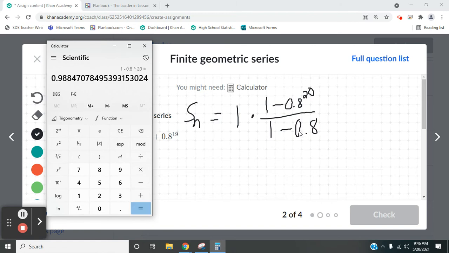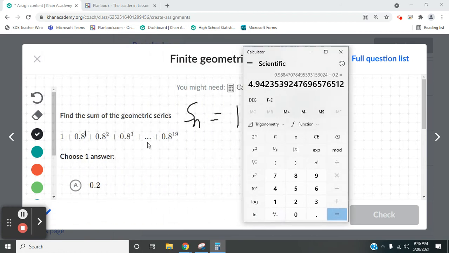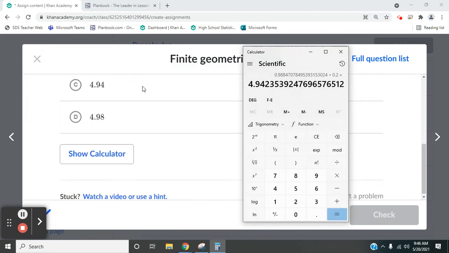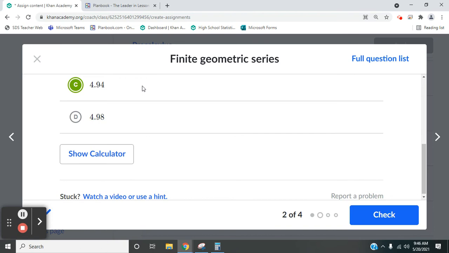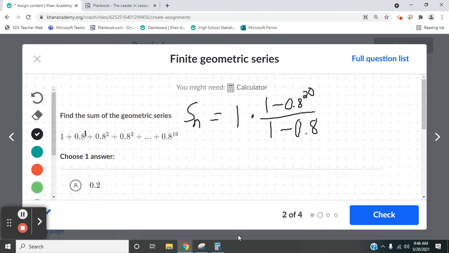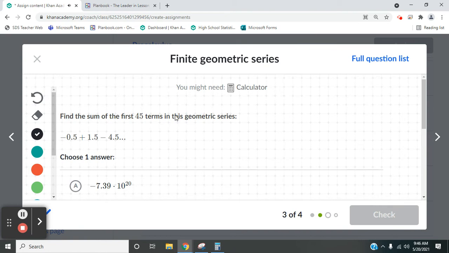What's the bottom? Let's simplify that in our brains right now. So that's 0.2. So I'm going to divide by 0.2. Make sure you can get this answer on your calculator. 4.94. Bingo. There it is. Make sure you can get that on your calculator. That one's 4.94.